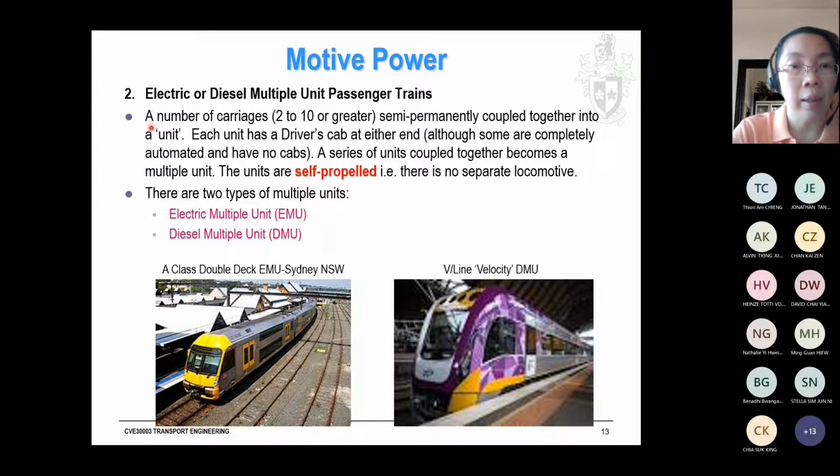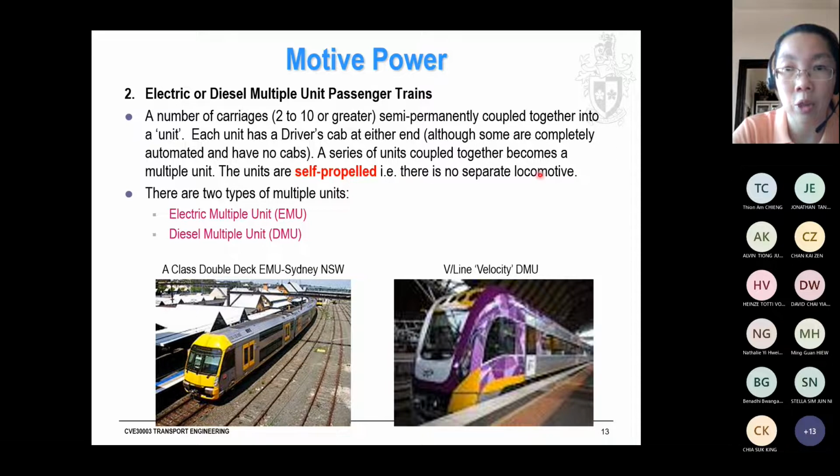Let's see. Now, a number of carriages, about 2 to 10 or greater, are semi-permanently coupled together into one unit. Okay, and each unit has a driver's cab at either end, although some are completely automated and have no cabs. Okay, a series of units coupled together becomes a multiple unit, and the units are self-propelled.